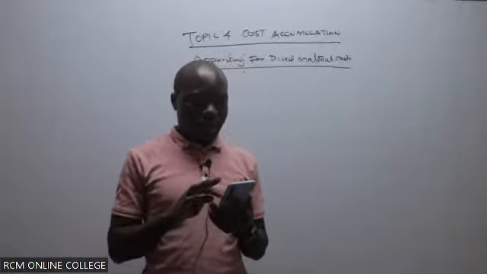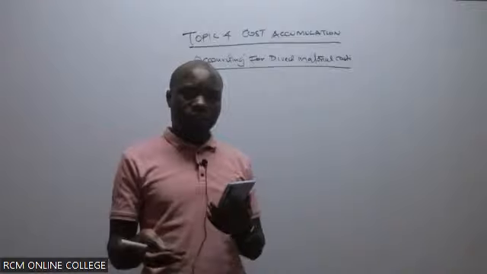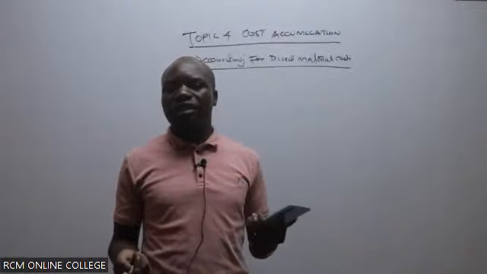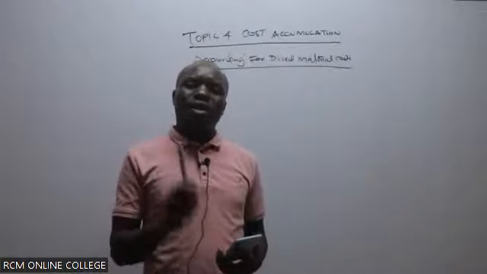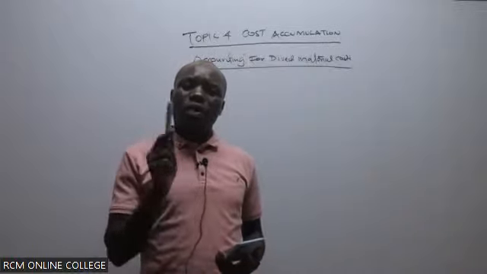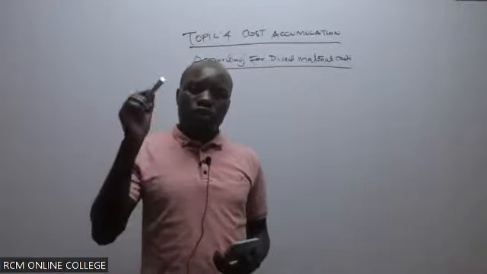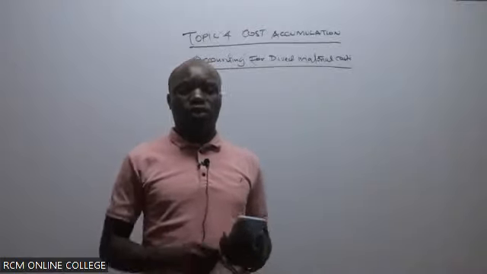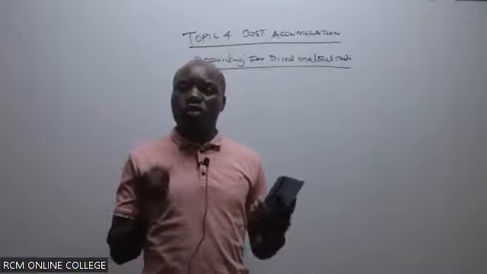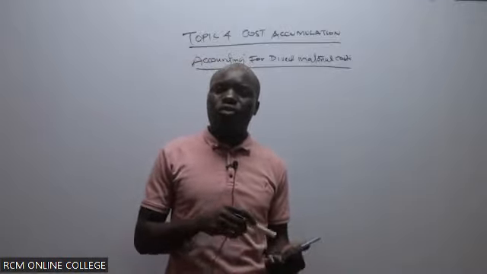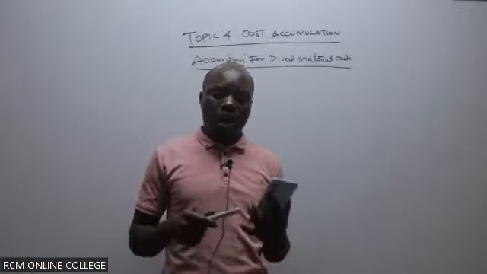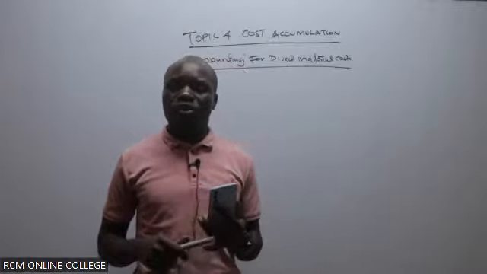Then we have favorable terms of purchase. Yes, you normally purchase 100,000 units, but there's a supplier who has said if you buy more than 100,000 units, you're going to get a quantity discount. So will you go for the quantity discount? Some of the factors to consider as you look for the quantity discount: are you really able to use these materials within a short time?